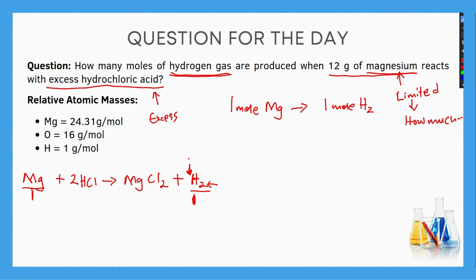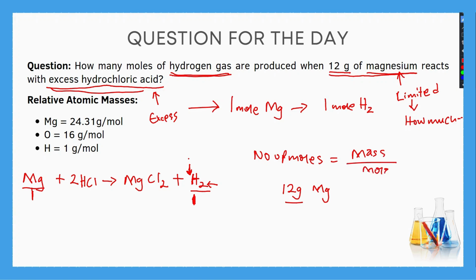So the question now says, how many moles of hydrogen gas are produced when 12 grams of magnesium reacts with excess hydrochloric acid? Now we've been given 12 grams of magnesium, but we want to convert that into moles so that we can input it into this equation. To convert grams or mass into moles, we have this formula that says number of moles is equal to mass divided by molar mass.